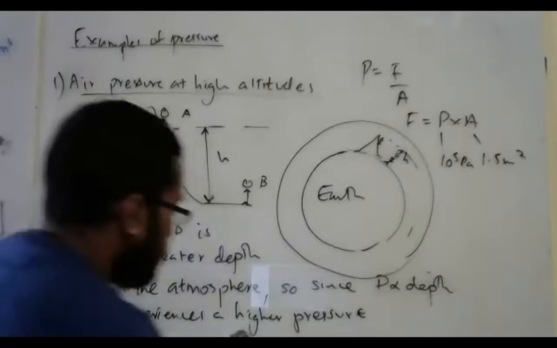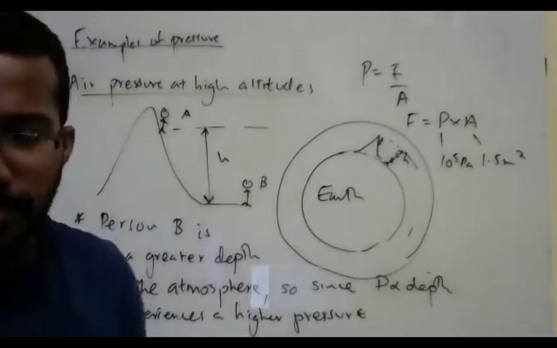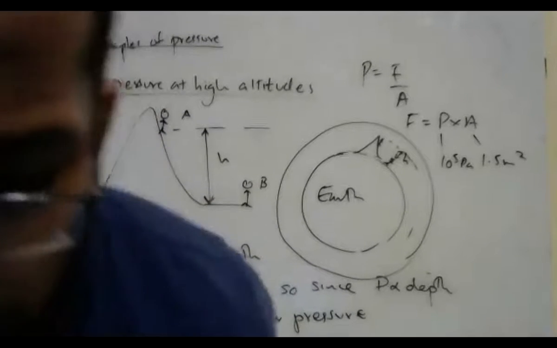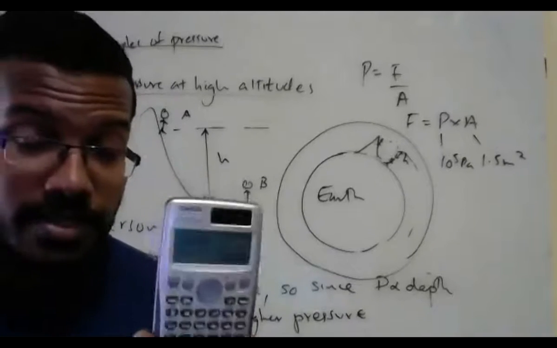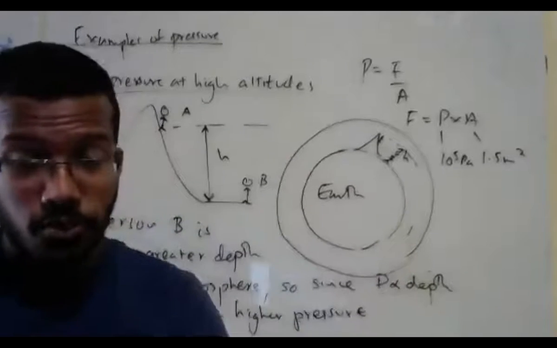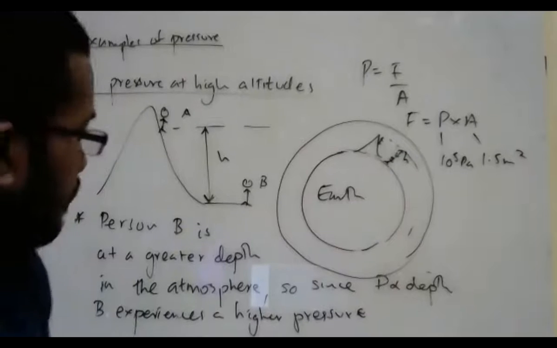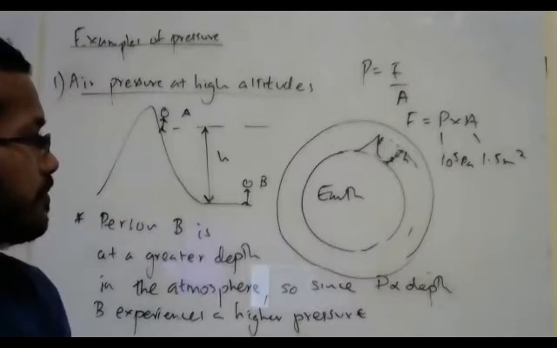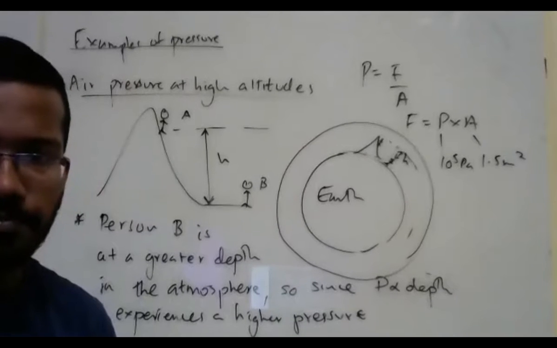That is the way that particular aspect of pressure will be explored. But I need you to realize that if you crunch the numbers right now, there's 150,000 newtons pushing you from every direction due to the atmosphere. Anyway, write that down, then we'll end.